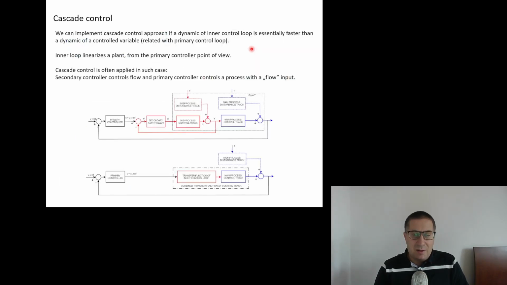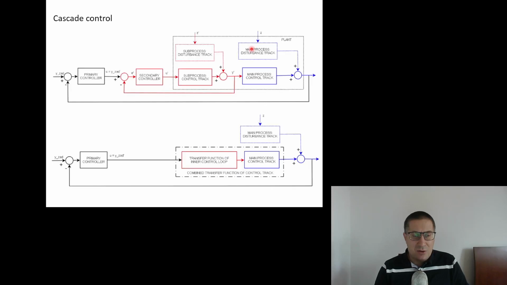All right, so once again, cascade control is the approach where you have at least 2 control loops, but you of course can have more. The inner control loop controls some kind of sub-process and helps to linearize the plant from the primary controller perspective.